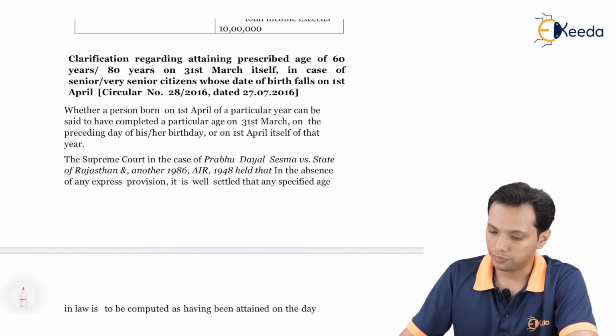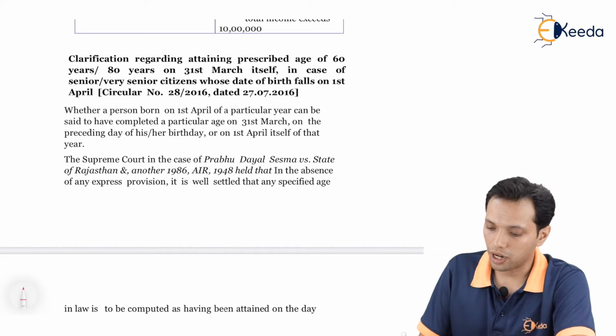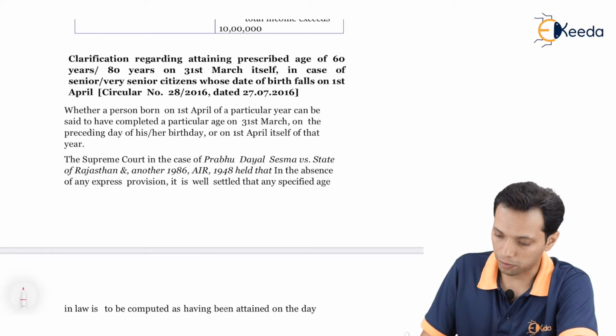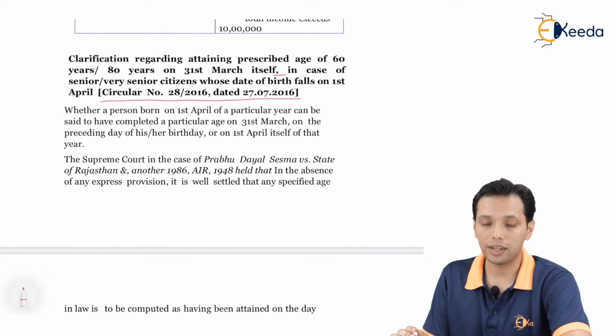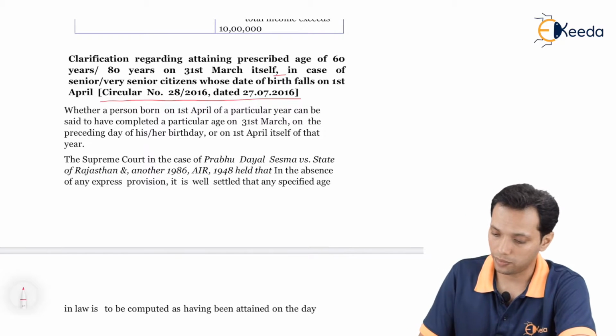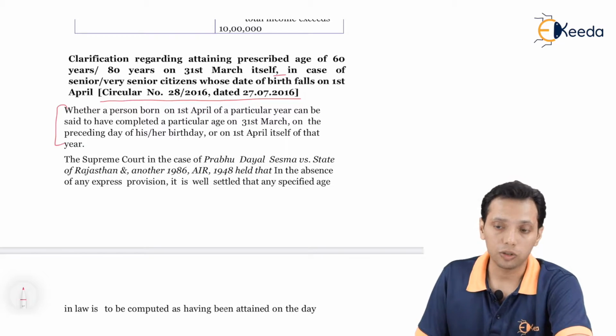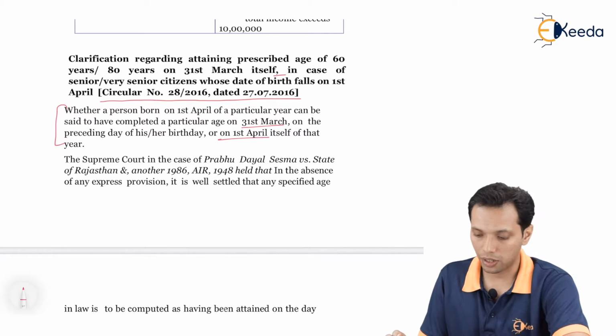On the screen, the clarification regarding attaining the prescribed age of 60 years on 31st March itself: Circular number 28 of 2016, 27th of July 2016. This is the question: whether the date of birth should be 31st March or 1st of April.